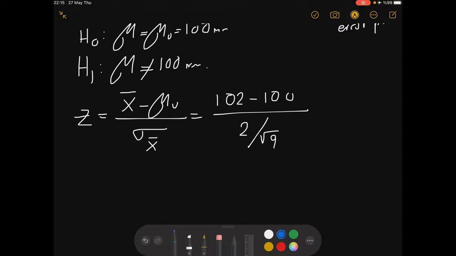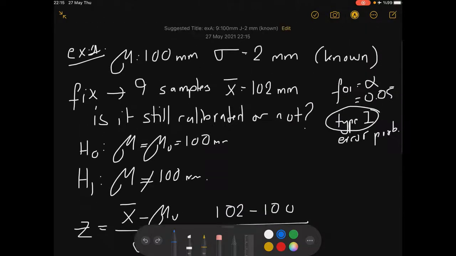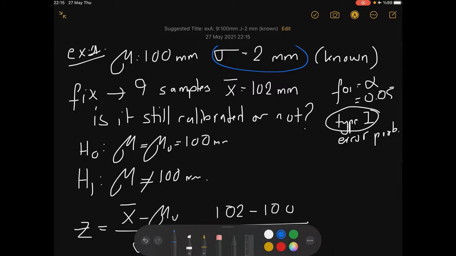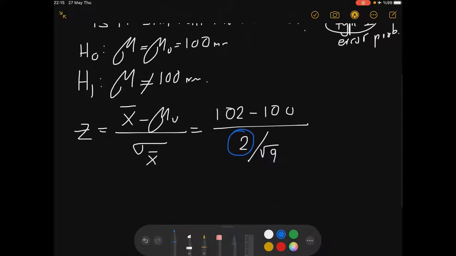We can put this comfortably right here, right? Because it is already the population standard deviation that we have here. It helps us a lot, so it's something wonderful. And the result would be what? Your z value, in fact, would be exactly 3.